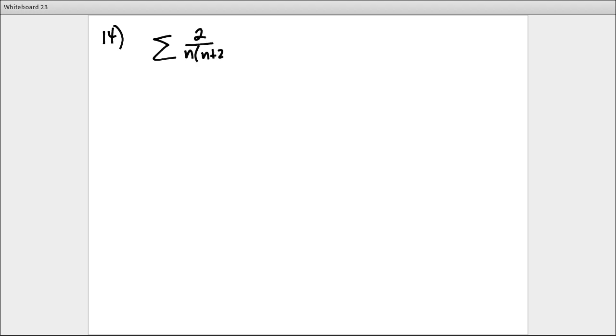This is equivalent to 2 over n times n plus 2. Yeah? Because if you have 1 over n minus 1 over n plus 2, common denominator, your n's end up canceling. Yeah, so you end up with 2 over that guy.